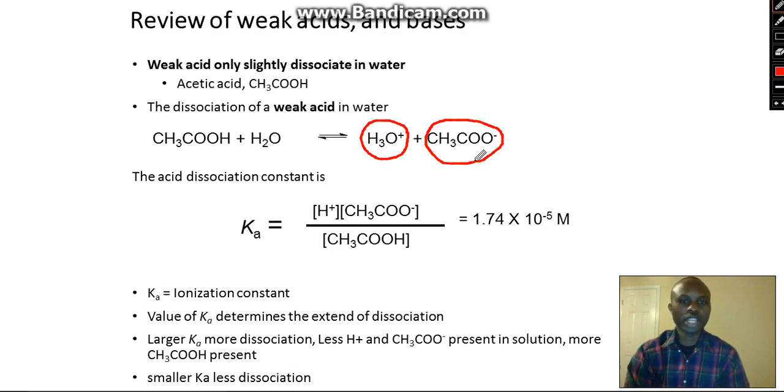So for reactions, as you can see here, we have a double arrow. For reactions that have a double arrow, it means we can get into an equilibrium situation. So for acids, the equilibrium situation is shown by the expression below.